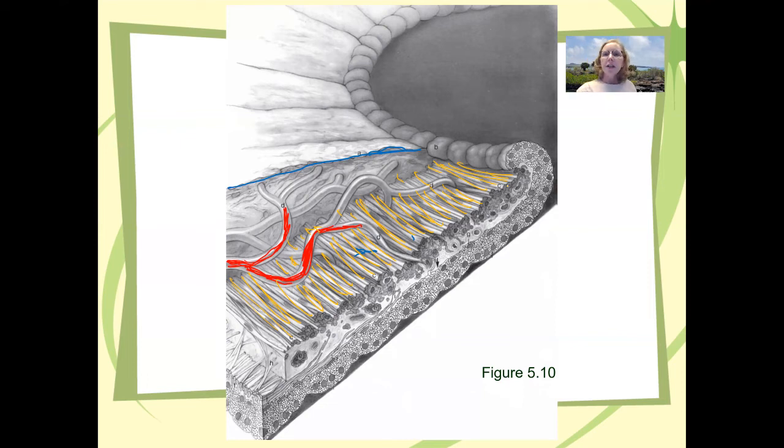And then as we continue posteriorly, you can see some of the dilator muscle coming in till about halfway through the sphincter. After about halfway through the sphincter, it turns more into just the epithelial cells, which continue to the end of the iris there.